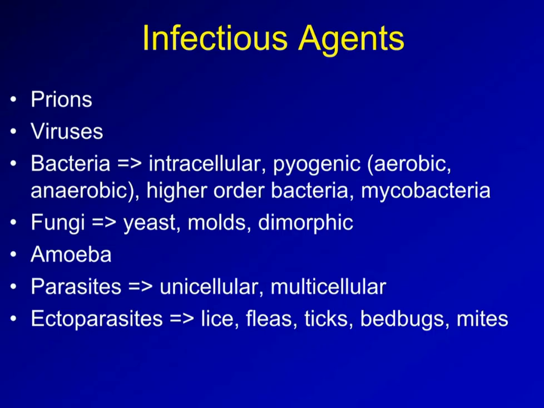This is starting from the smallest going up to the biggest in terms of what infections we try to think about, and I think it's helpful to go back to this rubric oftentimes when looking at a patient for the first time and trying to put together a constellation of symptoms. I will not read that to you guys, but you can see what's there. We will not be talking about any prions. We will see some viruses, some bacteria, and we will see some ectoparasites as we go through this.